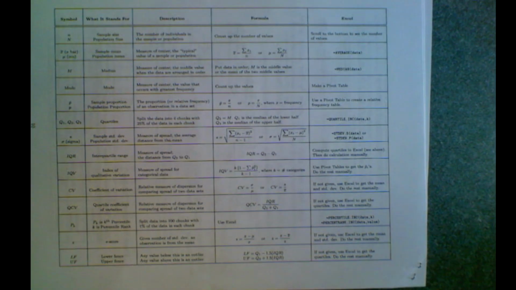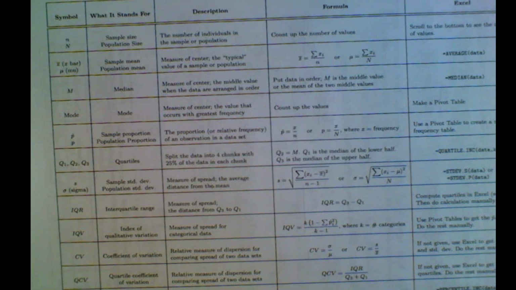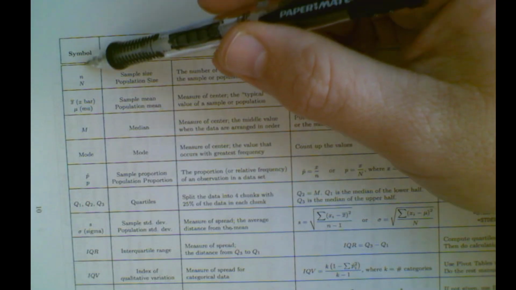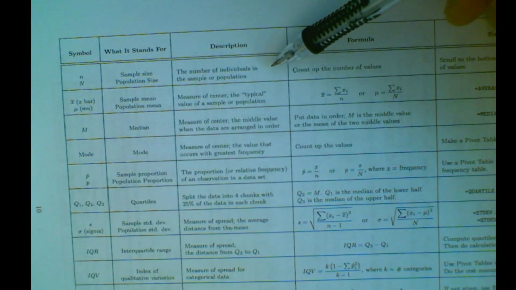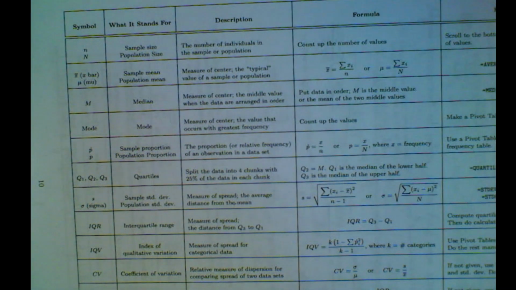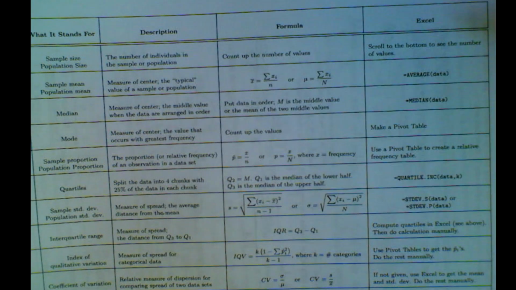Like I said, I've already posted this on Canvas, but I put it here as well just as a summary of the Unit 1 stuff, and it gives you all kinds of good stuff, right? It tells you about the symbols that we use, what they stand for, a description of what they measure, a formula for computing them, and then how to compute them in Excel.